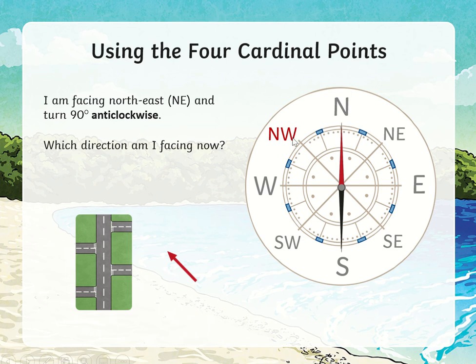There you go, it is northwest. So that is 90 degrees. Because remember, 90 degrees is like a right angle. That's how many degrees there are in a right angle. And that is a right angle from northeast to northwest.